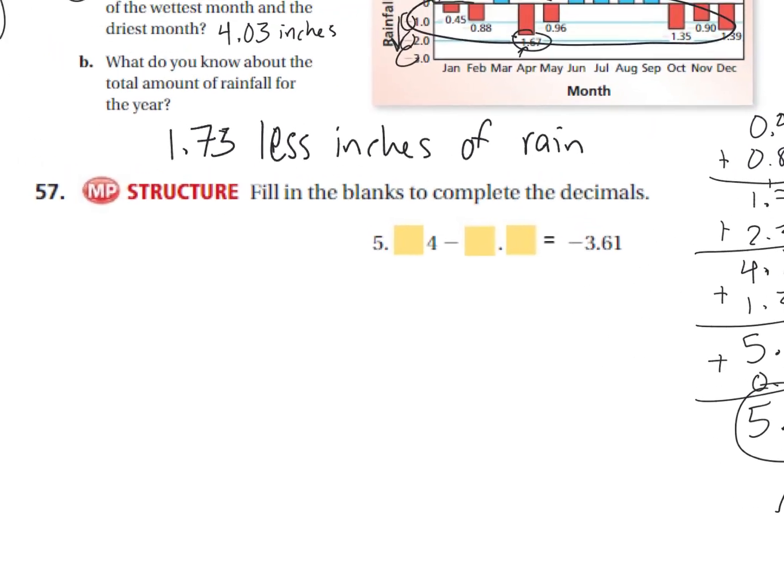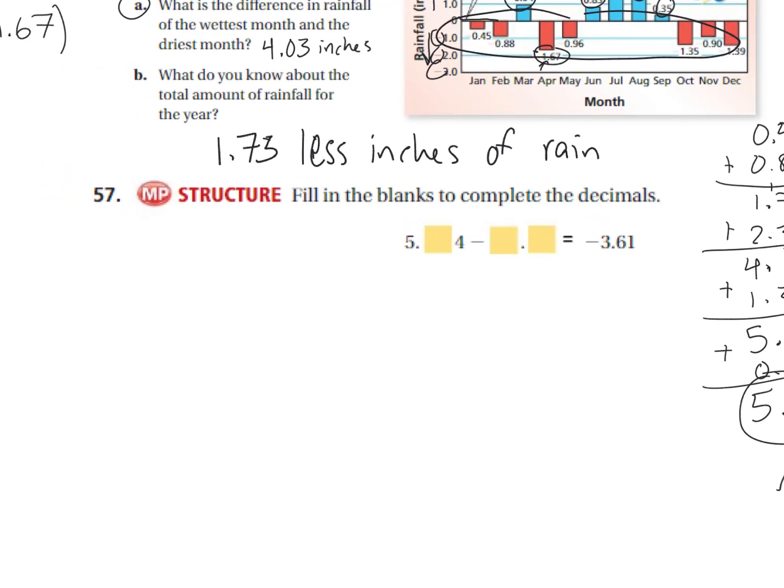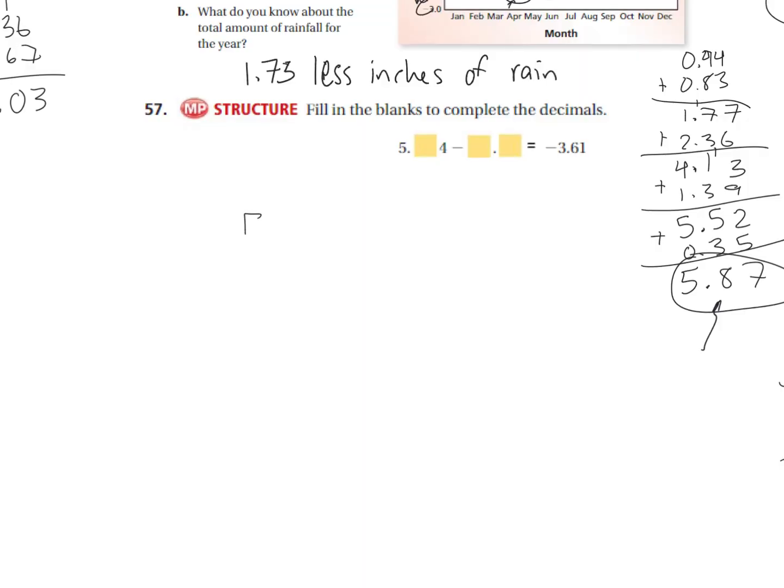Okay, finally for 57 it says fill in the blanks to complete the decimals. Okay, I have 5 point something 4 minus something point something equaling negative 3.61. In my head, here's what I'm seeing. If my answer is negative, and I started with a positive answer, that means that this has to be a bigger number if I'm taking it away.